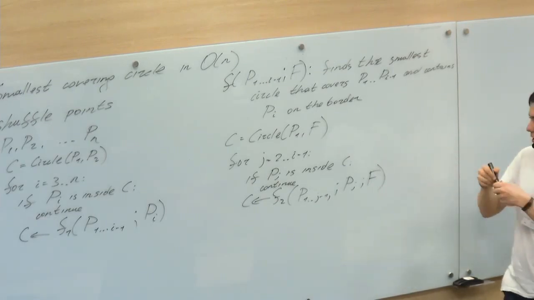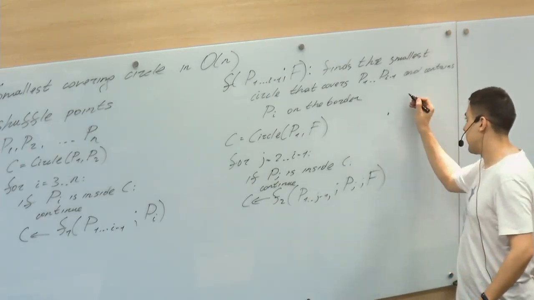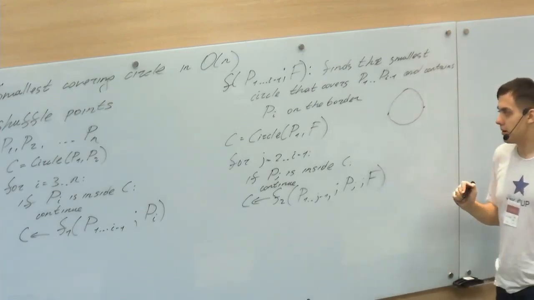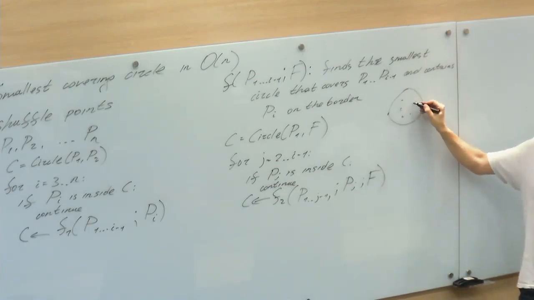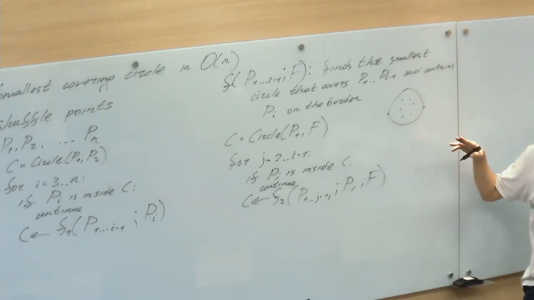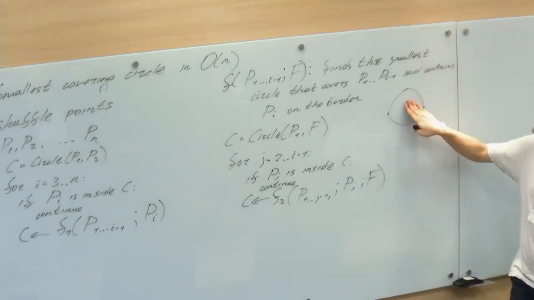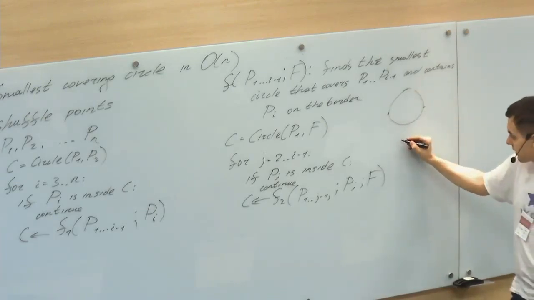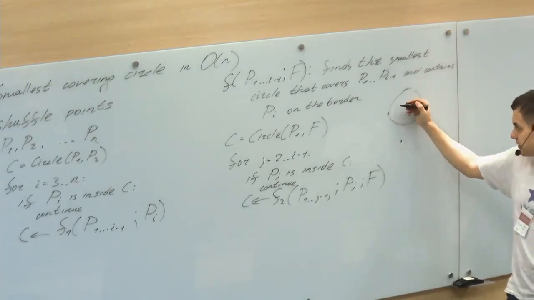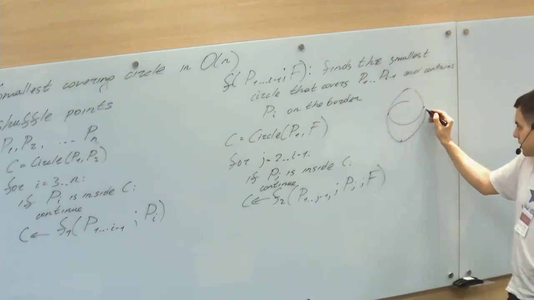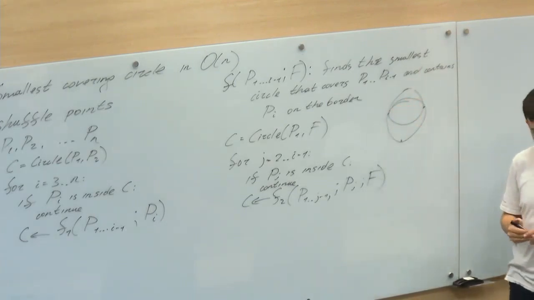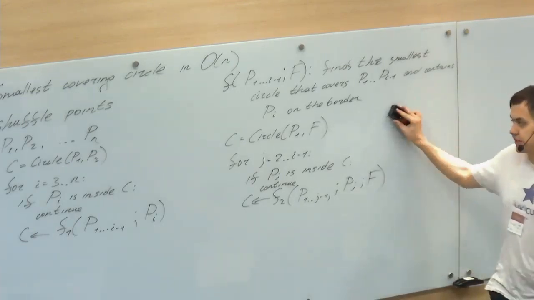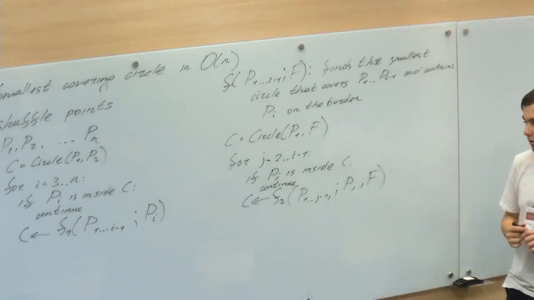We have 2 points as the diameter, and either all the points are inside, in which case this is the smallest circle, or some point is outside. If it's outside, then we rebuild the circle. I'll leave the implementation of the function F2 to you.